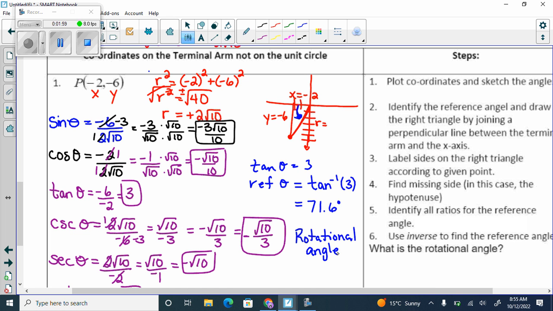Because I drew the angle, I know it's going to be 180 plus the reference angle because it's in quadrant 3. So the rotational angle is going to be 180 degrees plus 71.6 degrees, which equals 251.6 degrees.